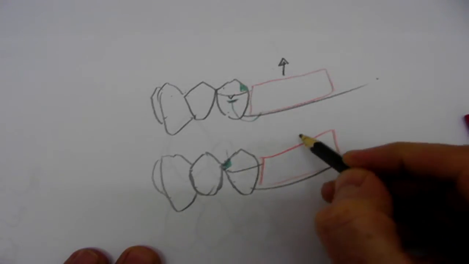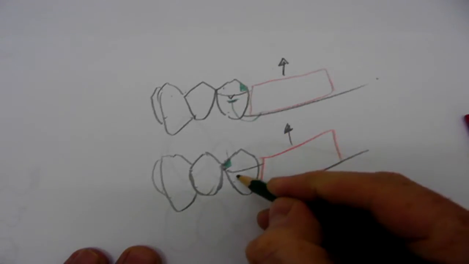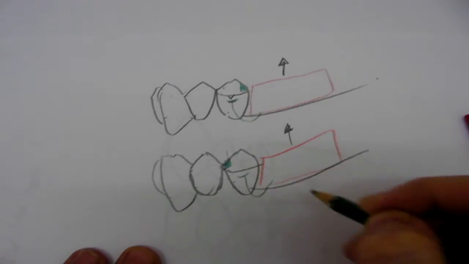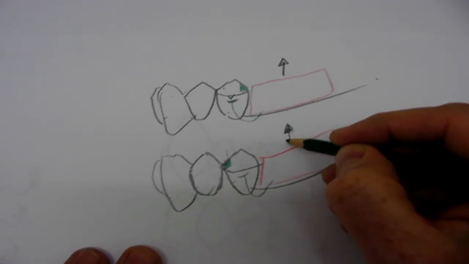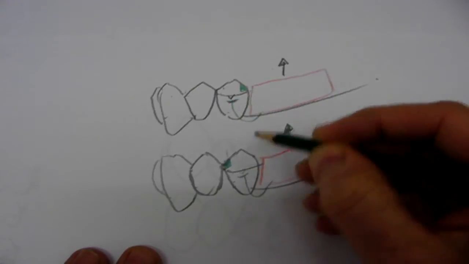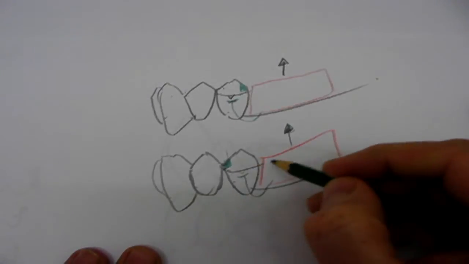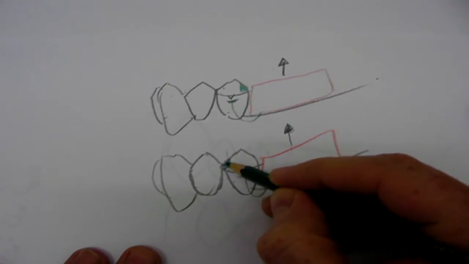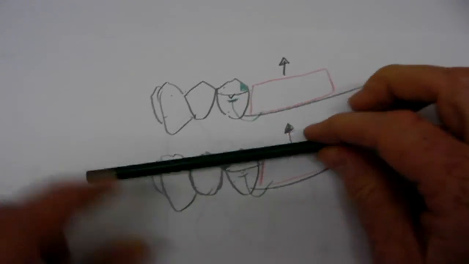We have the same survey line, we've got the same load pulling up, and we've got our clasp tip here in the undercut area. Now what happens is when something pulls up on this denture, or when the denture gets displaced, the clasp tip gets stuck in the undercut, tries to become a fulcrum, and it tries to set the RPD rotating like that, but the removable partial denture can't, because this occlusal rest is on top of the tooth on the opposite side of the axis of rotation.